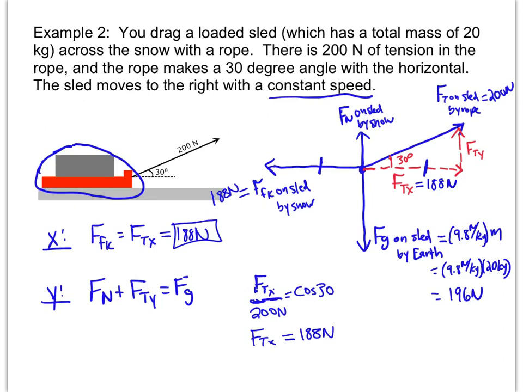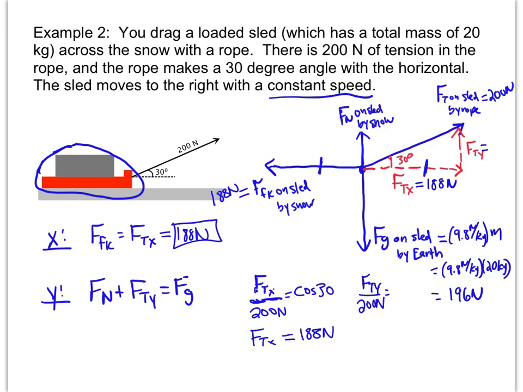We've got, still working with this triangle, we are now interested in Fty. Now, we can solve this any way we like. I'm going to set up a sine equation. So here we've got Fty, which is the thing that we want, over 200 newtons.